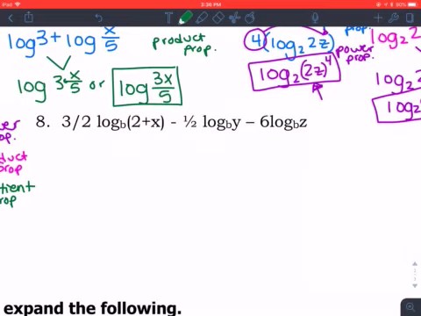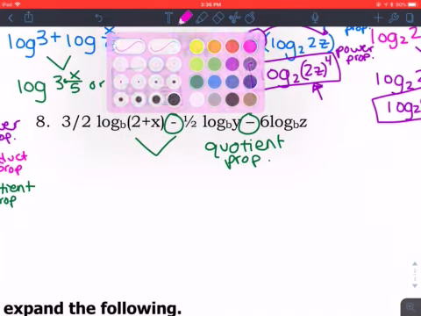Okay, for number 8, notice we're subtracting again. I'm going to start by just using the quotient property on the first two to combine those two. Before I can do that, we need to move our exponents.